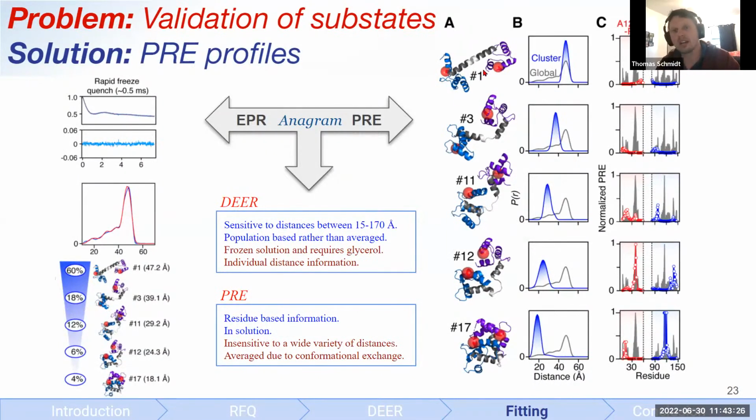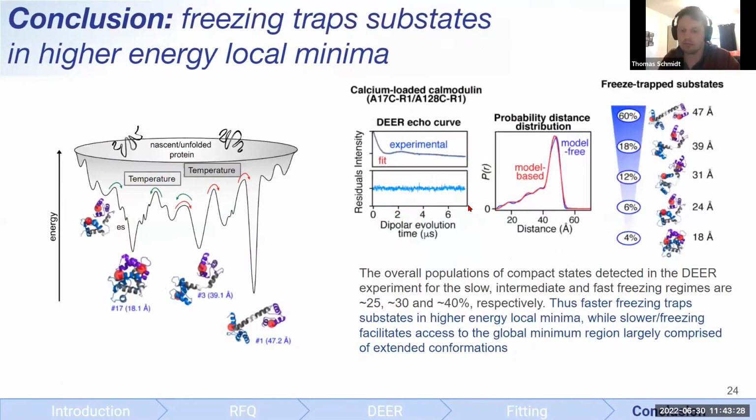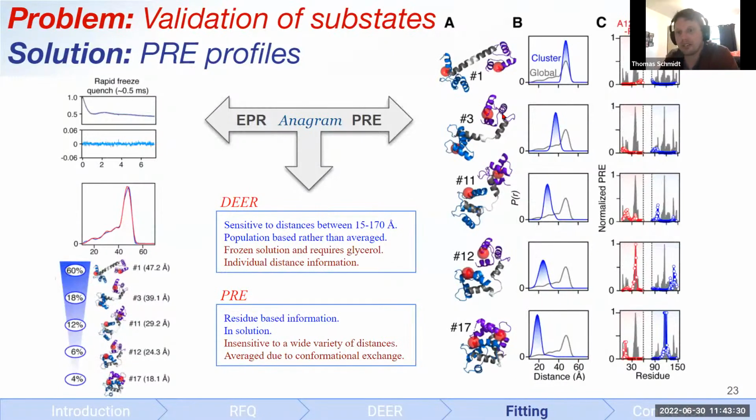Now, if I take other conformations, for example rather more compact states, such as number 11, and again do the back-calculated PRE, I can see that I capture part of the experimental PRE profiles very nicely. Now I'll go on to number 12, which is even more compact.